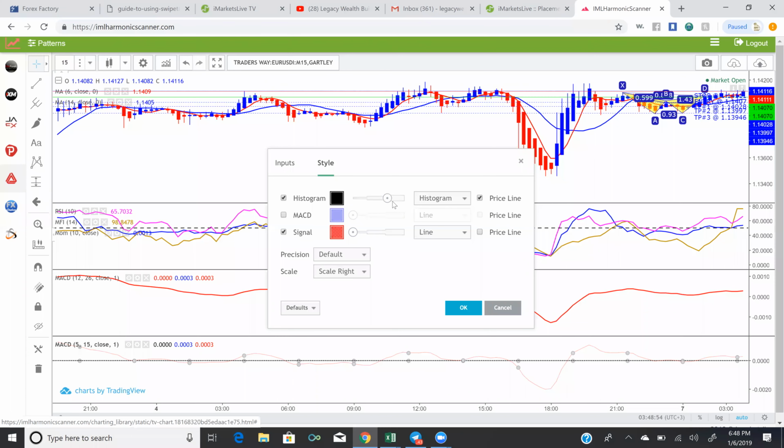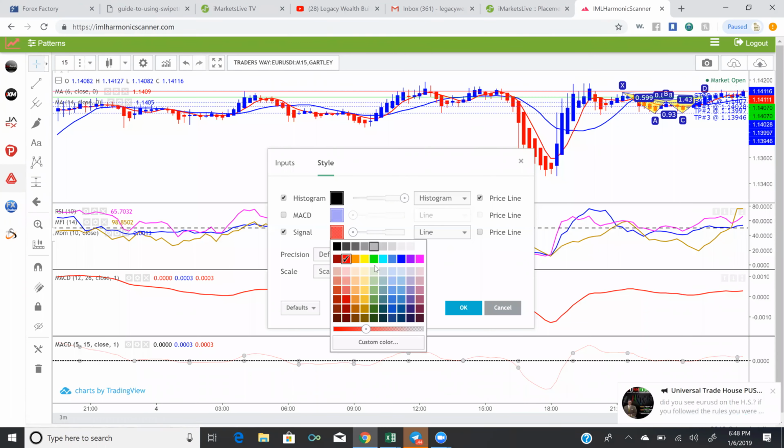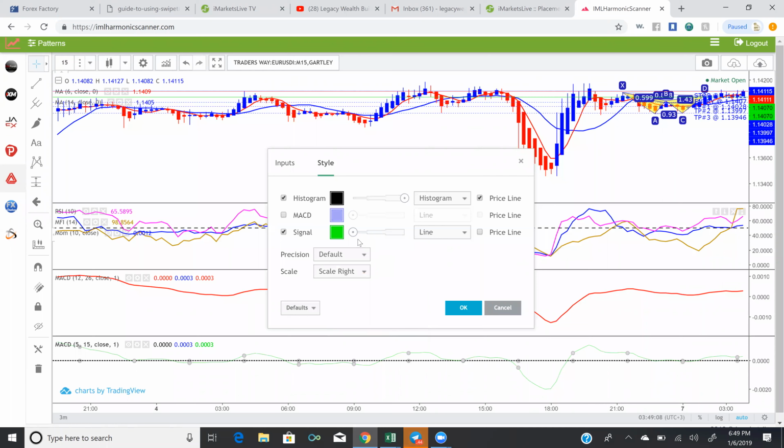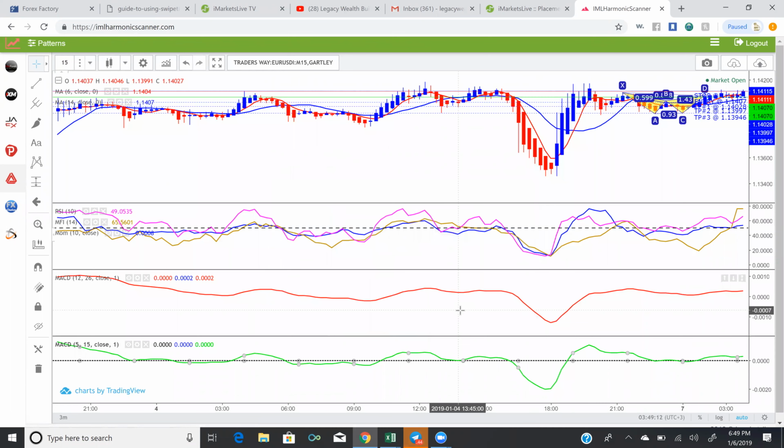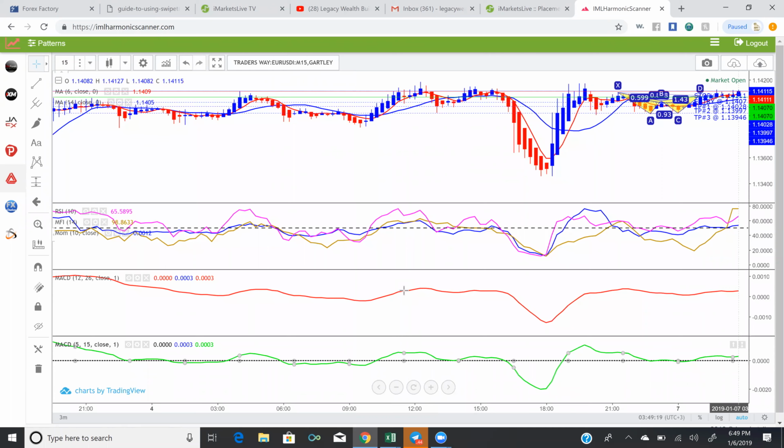Make it deeper. Okay. This one, we want to do like a lime green. Make it deeper. Okay. My dots are selected. Grab them. My left cursor, drag, drop.